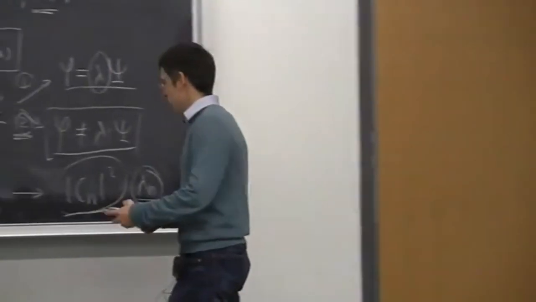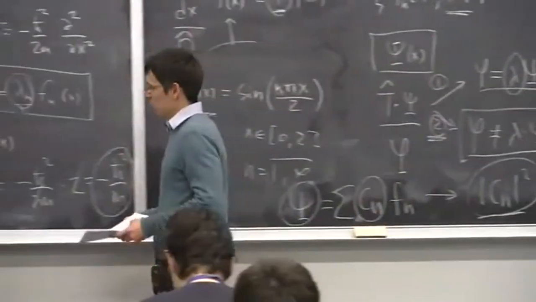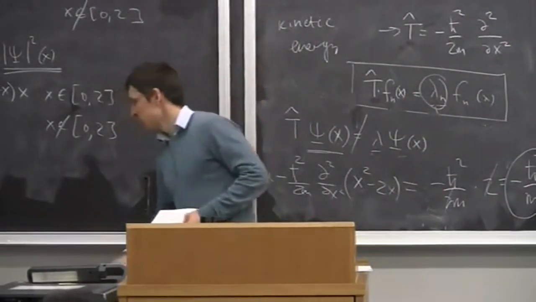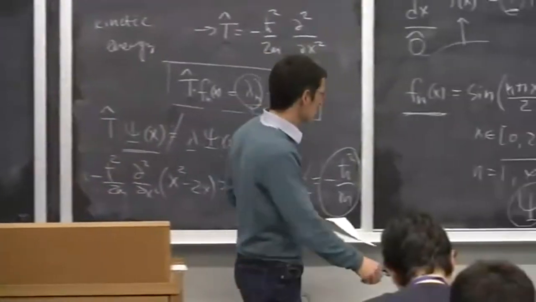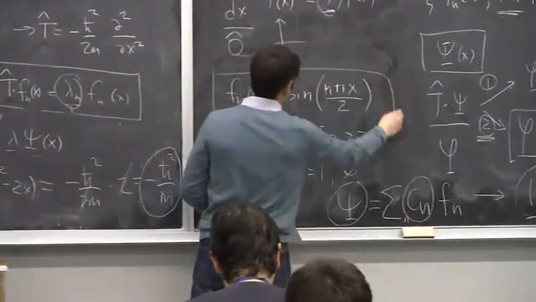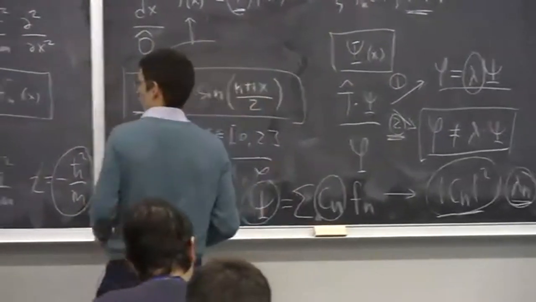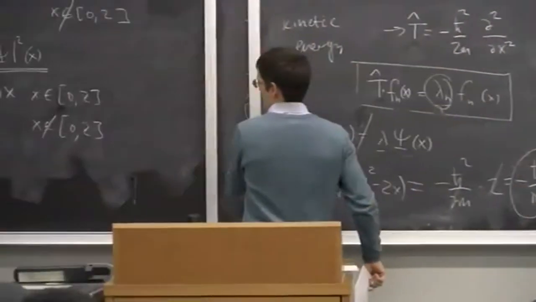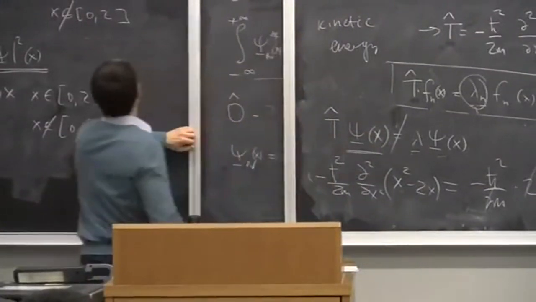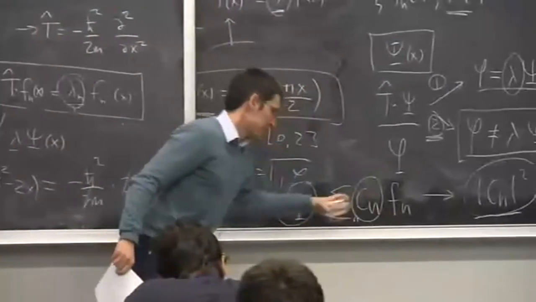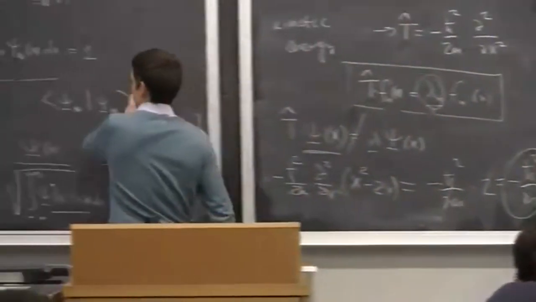Now, this is kind of a general overview of what's going on. Now let's get to the aspect, how do we do this? So now we have these functions, which are eigenfunctions, and this can be easily shown by applying the operator.